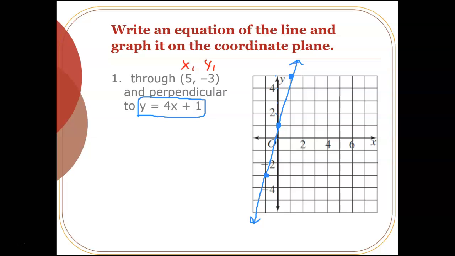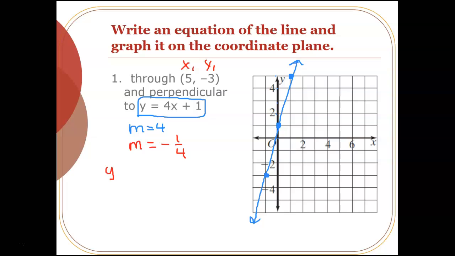The slope of the original line is 4. So the slope of the line perpendicular needs to be its opposite, so negative, and reciprocal, so 1/4. And then we plug in our x1, y1.